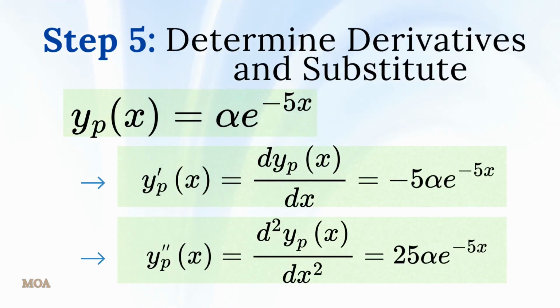Now, let us differentiate the particular solution and substitute it into the original differential equation. We have y_p(x) = α e^(-5x). Its first derivative is -5α e^(-5x). Its second derivative is 25α e^(-5x).